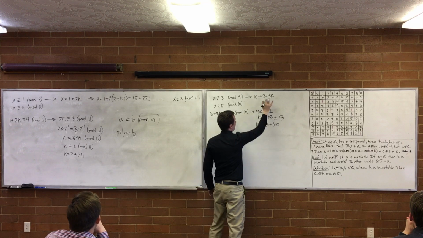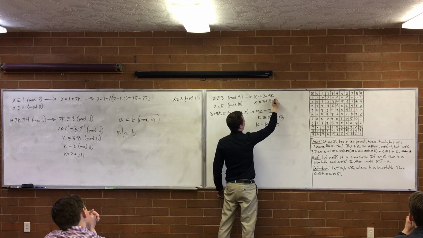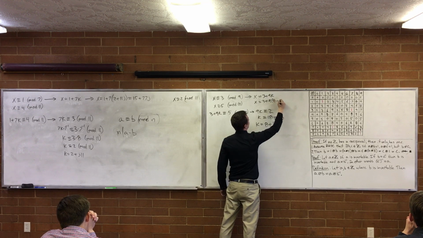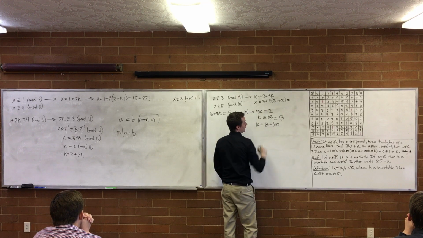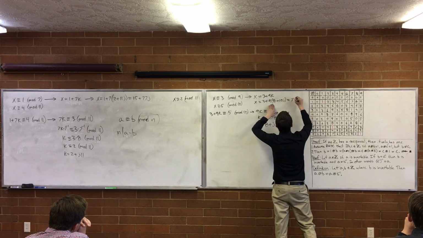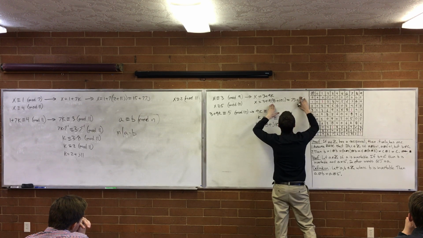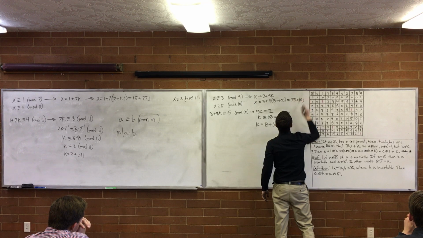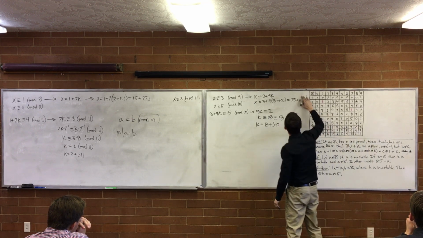So plug that into what we know about x. So x is of the form 3 plus 9 times 1 plus some multiple of 10, which is equal to, 9 times 1 is 9, plus 3 is 12, plus 90j.